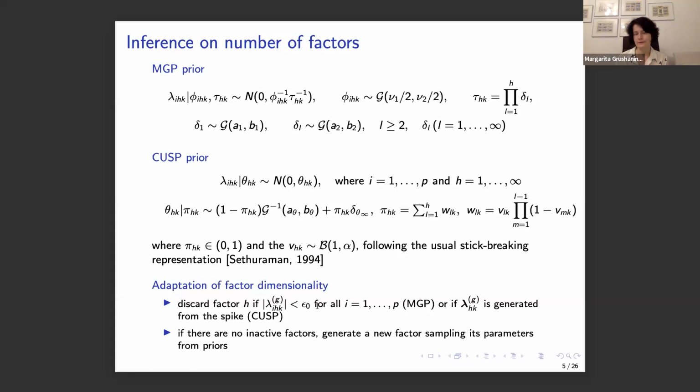Then the factor is discarded and all its parameters are discarded. If there is no such factor, then a new factor is generated from the prior. And if the cumulative shrinkage prior is used, then inactive factors are identified as the factors assigned to the spike and they are discarded. If there are no such factors at a certain iteration, then a new factor is generated.